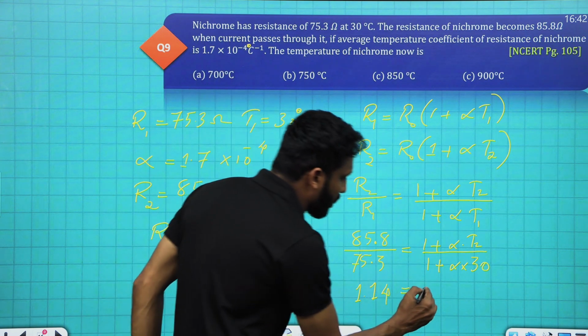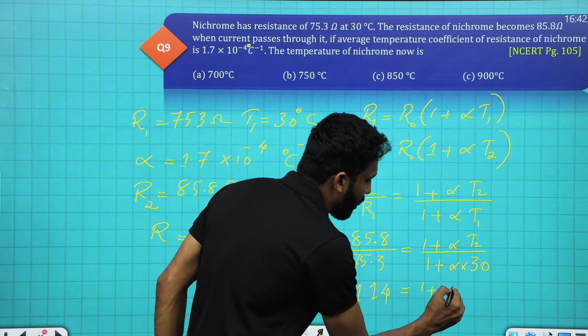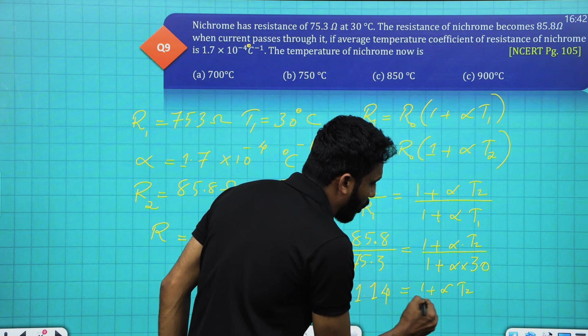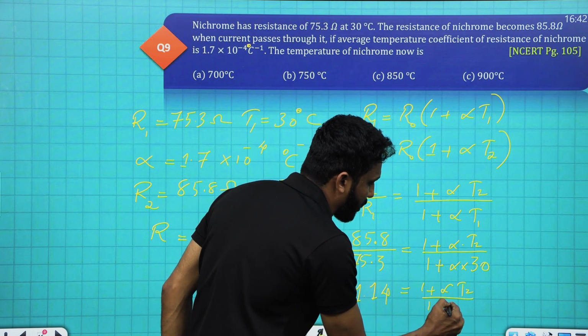Now we have 1 plus alpha into T2 divided by 1 plus 30 alpha.